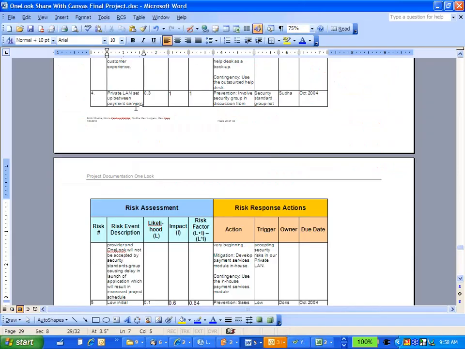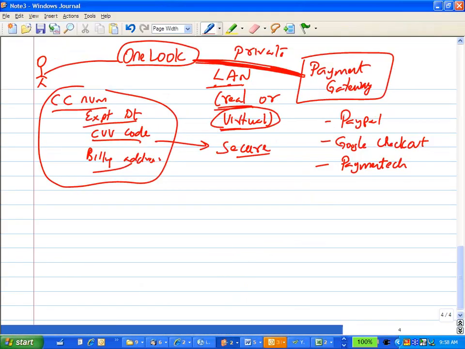So I'm saying that could be the meaning of gateway. You were not there for that part of the class. Payment gateways like PayPal or any of these are companies or services that process credit card numbers and send back an authorization code.